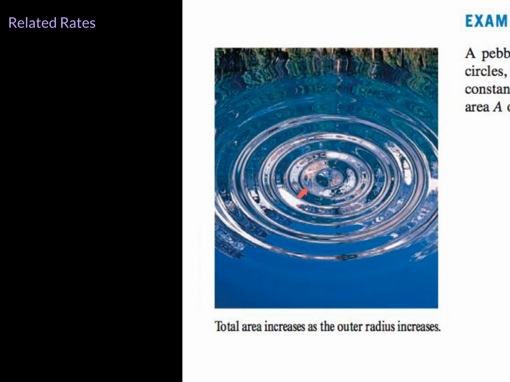The circumference of each of these outer circles keeps expanding and getting larger and larger every second. So the circumference is growing per second. Also the area, all the region in here, the disturbed water, every second that goes by, that disturbed water keeps getting bigger and bigger and bigger. So all these things changing are related with respect to time.